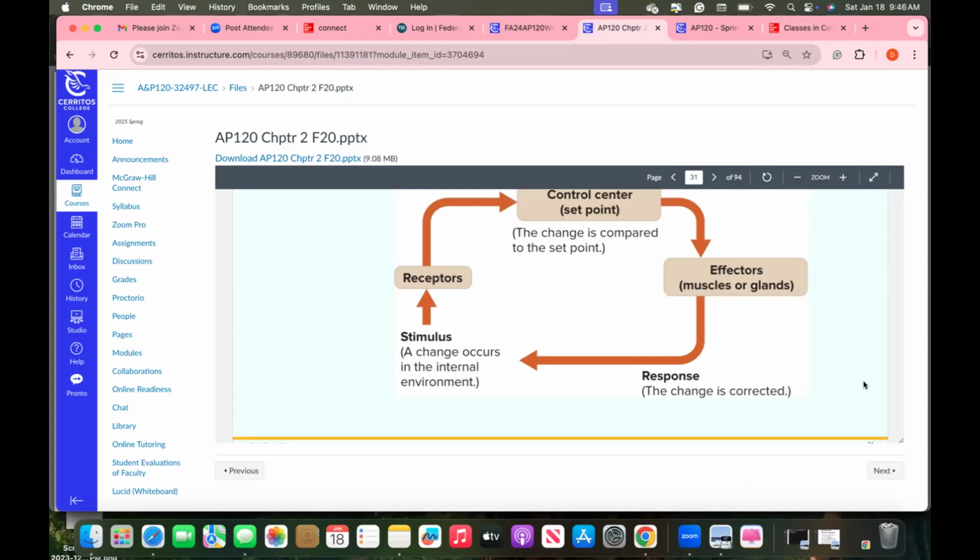The control center says, hey, I'm too hot or too cold, whatever it is. And then those effectors take action to respond and change whatever needs to be changed. Okay.